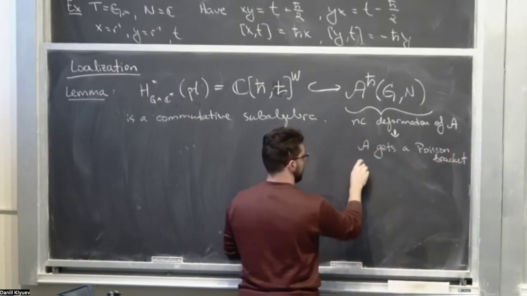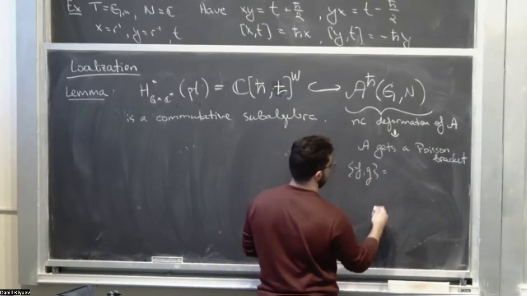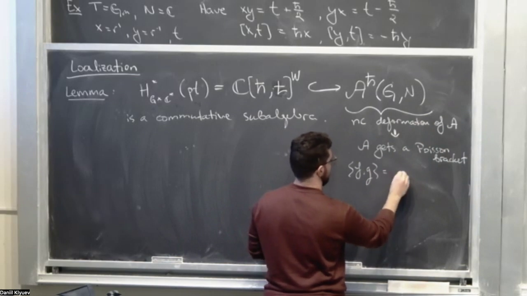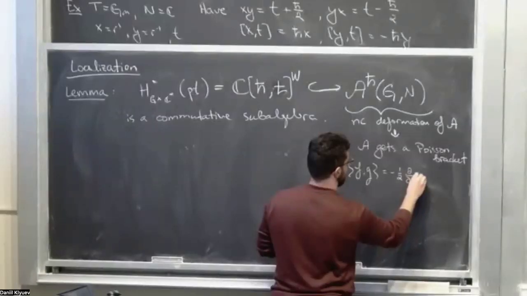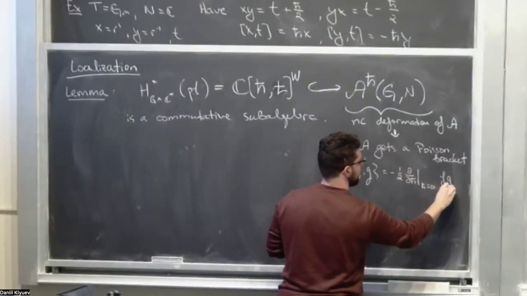By the usual thing, {f, g} equals minus a half d by dH-bar, of the commutator of f and g, at H-bar equals 0.